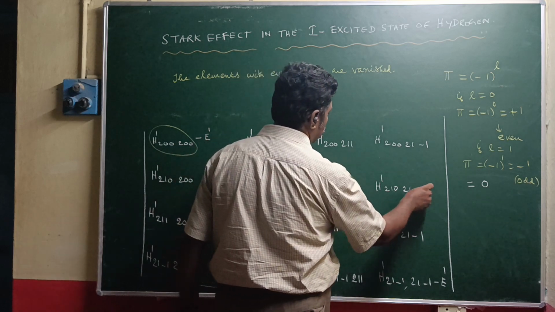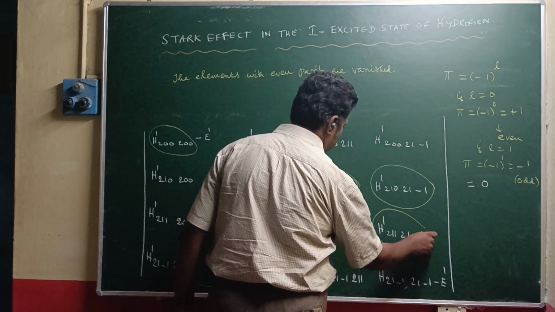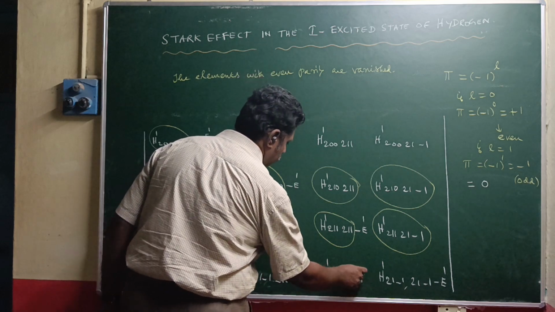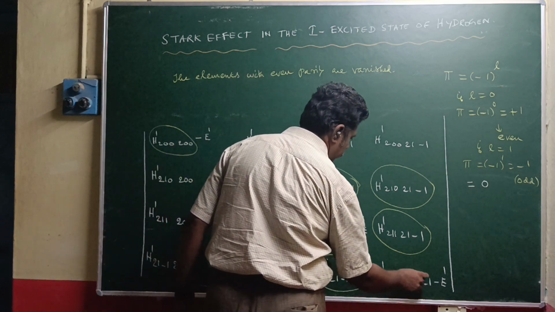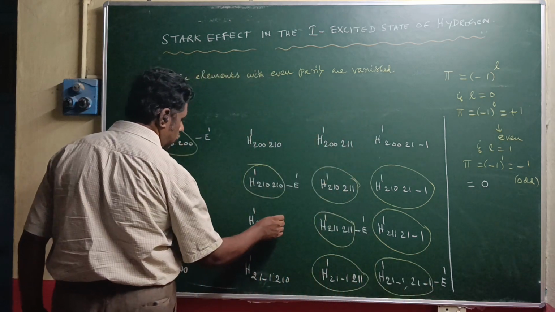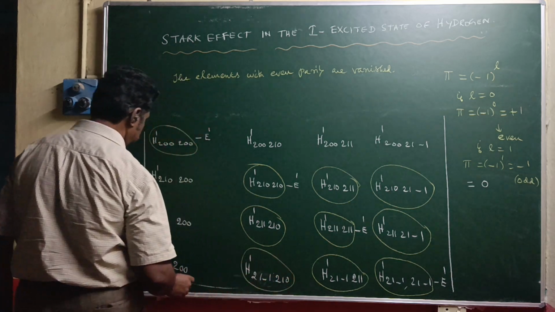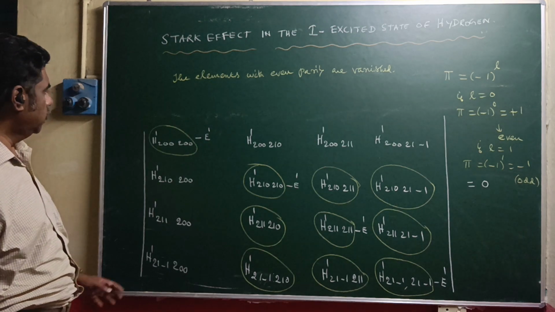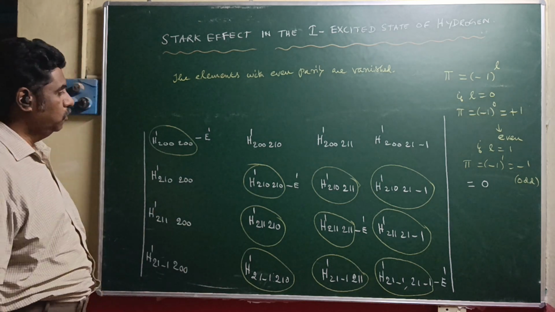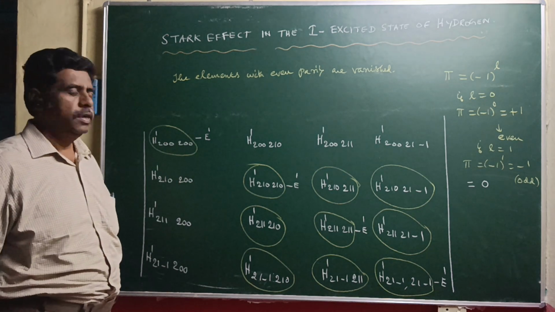On the same background, the remaining terms are vanished. So except the first column and first row, all the terms are vanished on the basis of even parity.